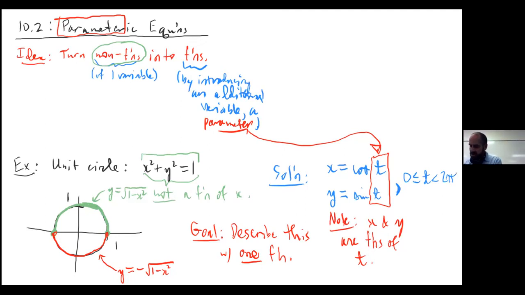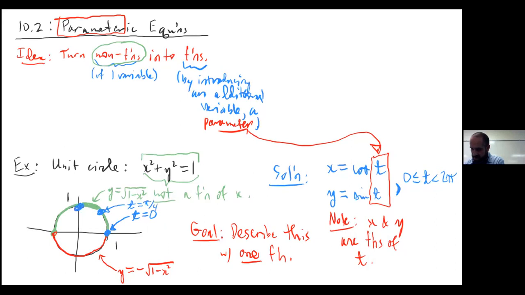So in other words, let's talk about where we are. I am right here when t is equal to 0. Do you know what I'm saying? Yeah? Where am I when t is equal to pi over 4? Well, I'm right here. So this is where I am when t is pi over 4.